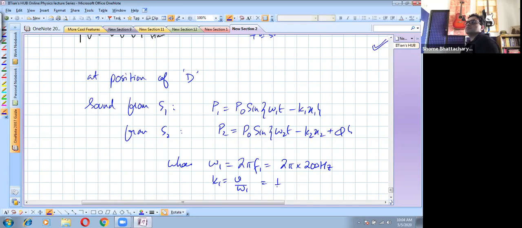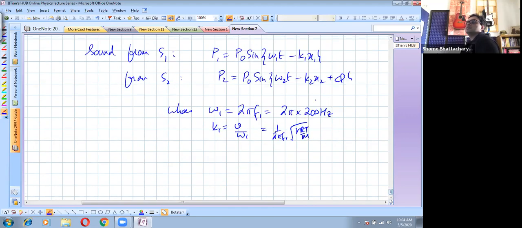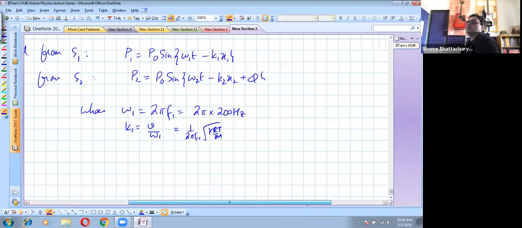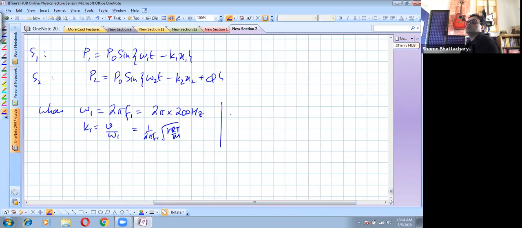So it is 1 by 2 pi f1 square root of gamma RT by m. But similarly here in the same equation, what is my omega 2? Omega 2 is 2 pi f2 or 2 pi into 204 hertz in that particular example.